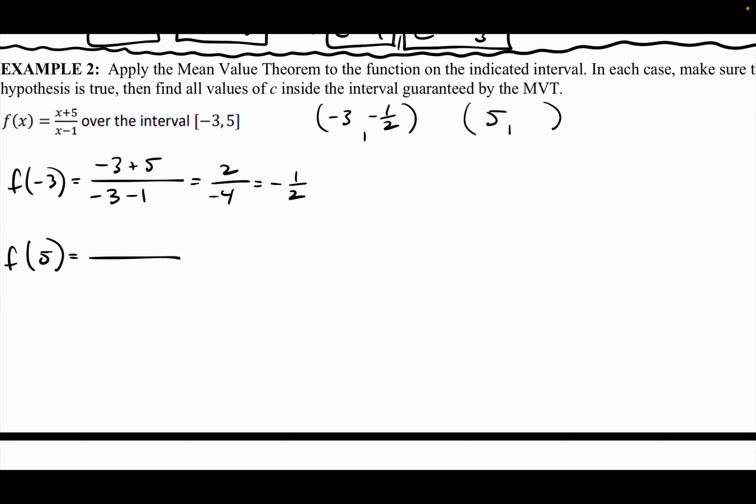There's my x1 and my y1. Five. So I get 5 plus 3, or sorry, no. Why do I write 3? It's supposed to be 5 plus 5, and 5 minus 1. 10 over 4, which is 5 over 2.